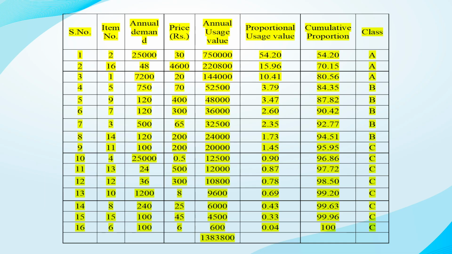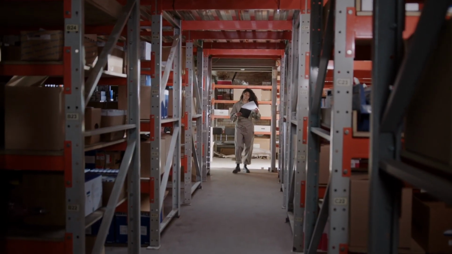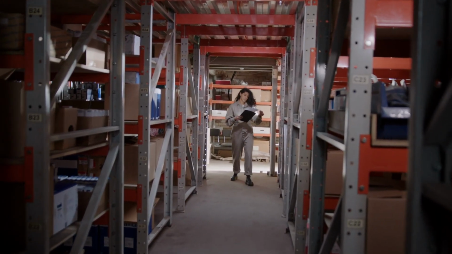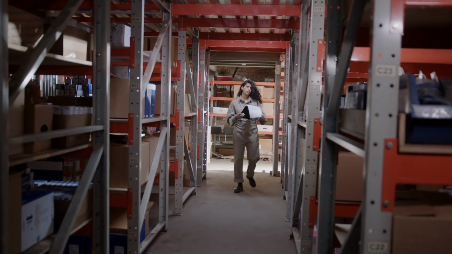The ABC analysis and this HML or VED analysis are very much used in stores management, and we can see that these analyses can be very helpful in store management that way. One thing is also looking after dead inventory, because we have to minimize the dead inventory, so these control techniques are applicable this way.